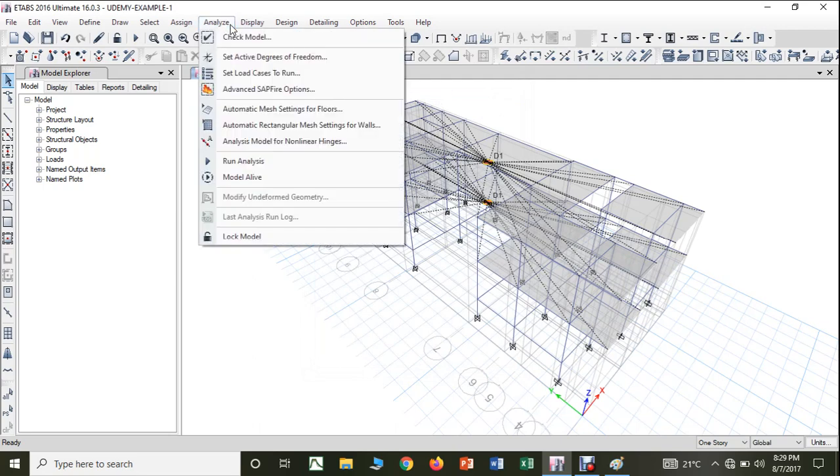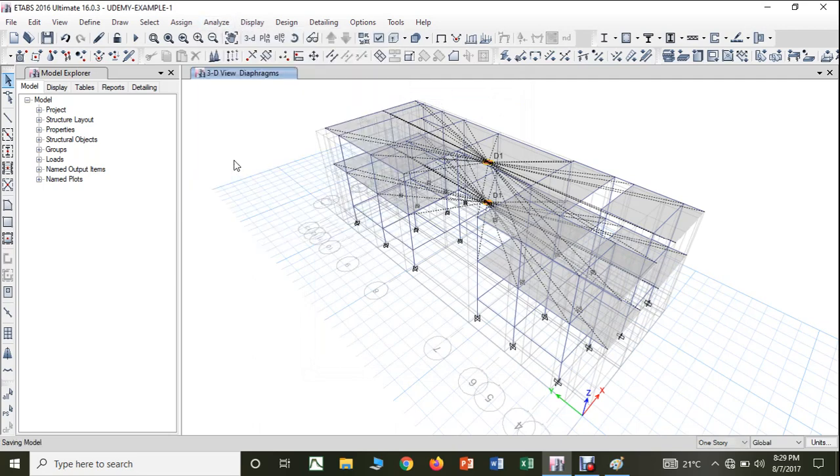So once it is checked, then you can go for run analysis. You can see when it is running, it will show what procedure is going on. Once the analysis is done, there will be a deformation change in the shape of the building.